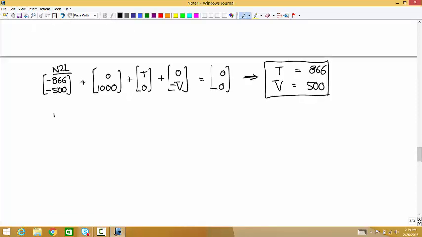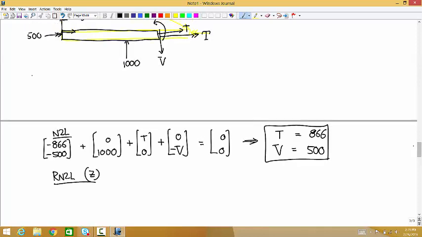And now we'll do the moment equation about the z-axis. So does the 500 produce a moment about z? No. The force? Not that force, because our about point is at the left. The 1,000, what's the moment arm for that 1,000?